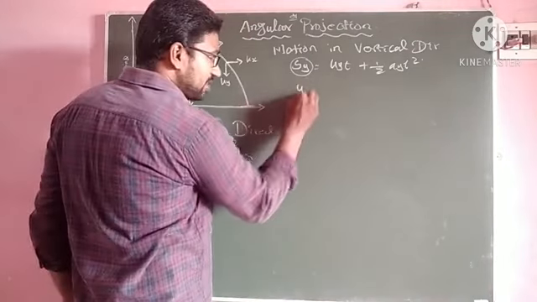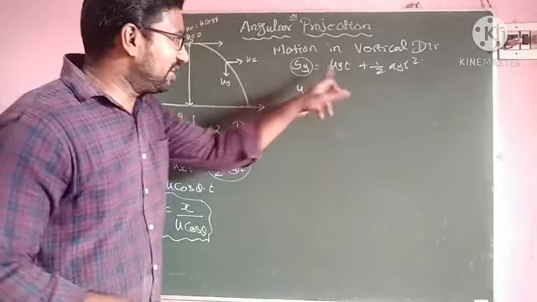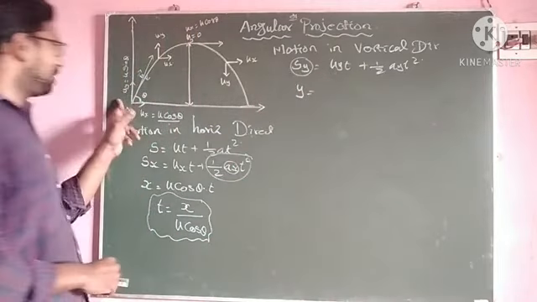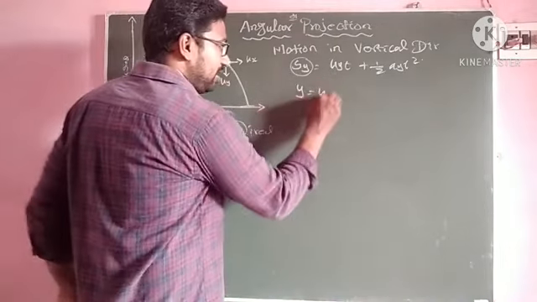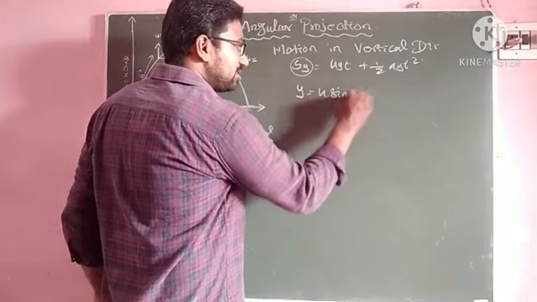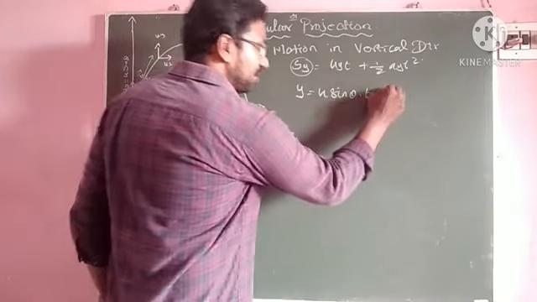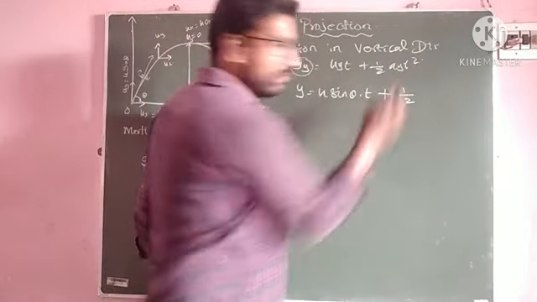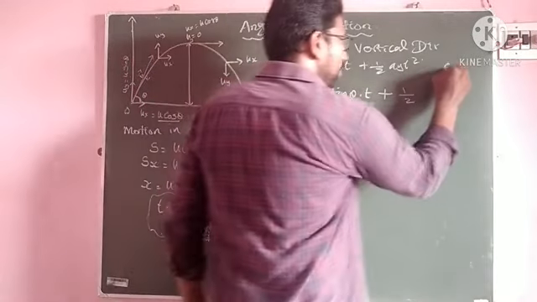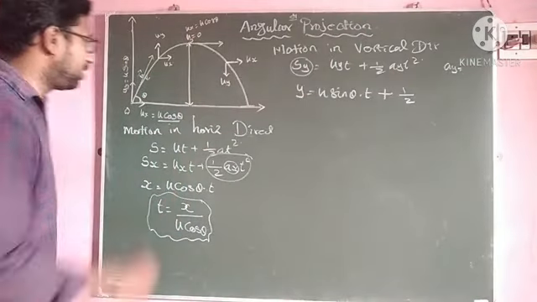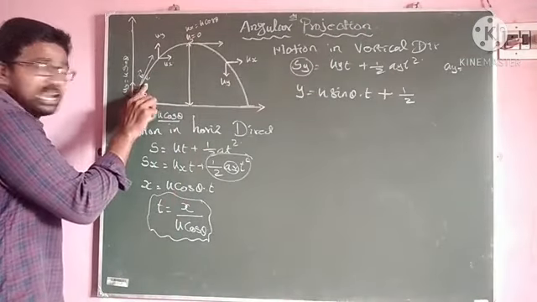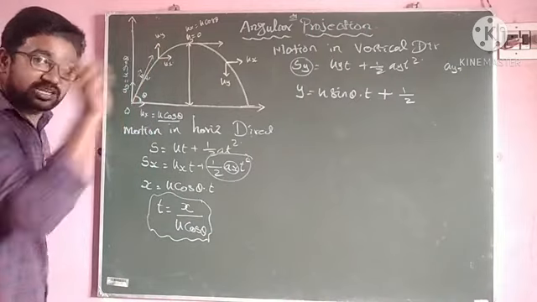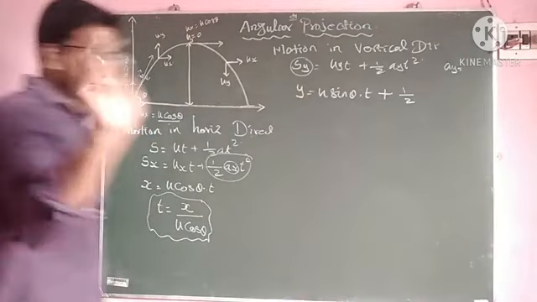So y is equal to, what is the initial velocity uy? uy can be taken as u sin theta into t plus 1 by 2. What is the value of ay? ay is the acceleration due to gravity in the vertical direction. But the object is traveling upward, that is against gravitation, so you should put the negative sign.